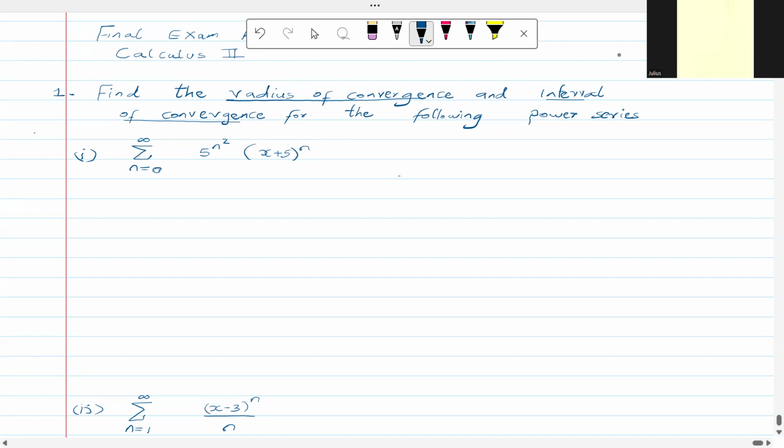To find the radius of convergence and the interval of convergence, we use the root test for this case.